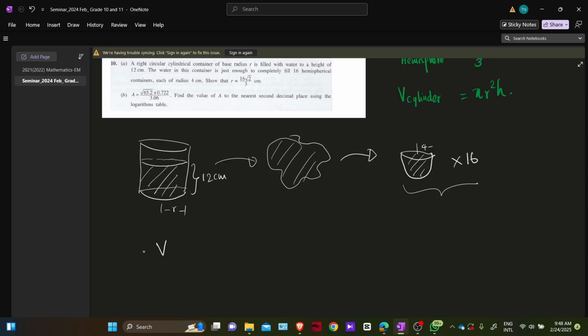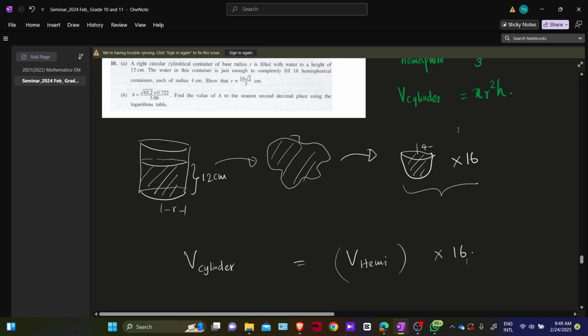So I'm gonna write this one first because the unknown term is here, right? Volume of the cylindrical container, volume of this water is equal to volume of a hemisphere times 16, right? Is that clear? They say there's no wastage.